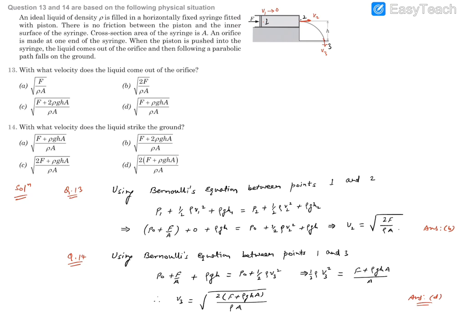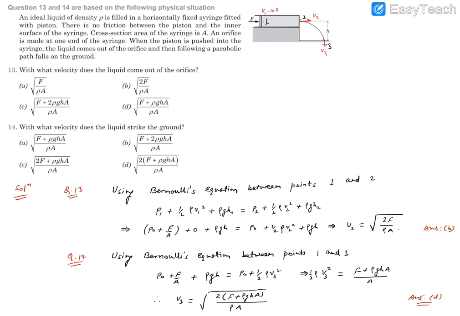It also requires the liquid to be ideal, so this is ideal. It also requires streamline flow, so we will assume that streamline flow is there and friction is absent, of course. And Bernoulli equation states that pressure energy per unit volume, kinetic energy per unit volume, and gravitational energy per unit volume sum remains constant. So this is for point 1, this is for point 2, both must be equal.